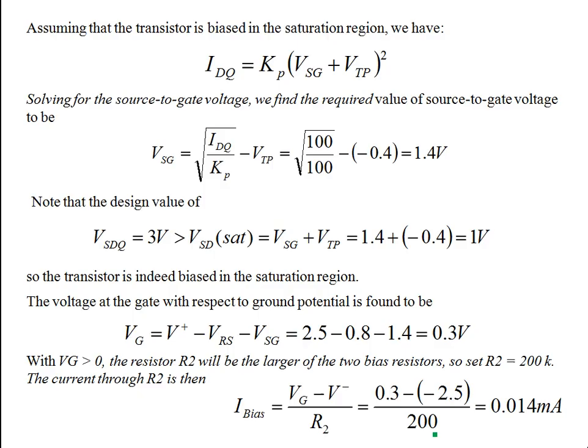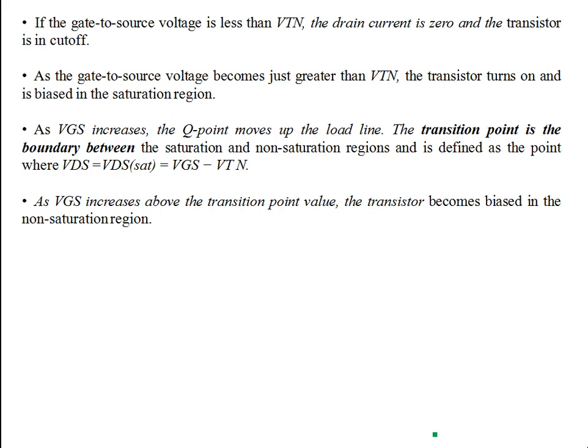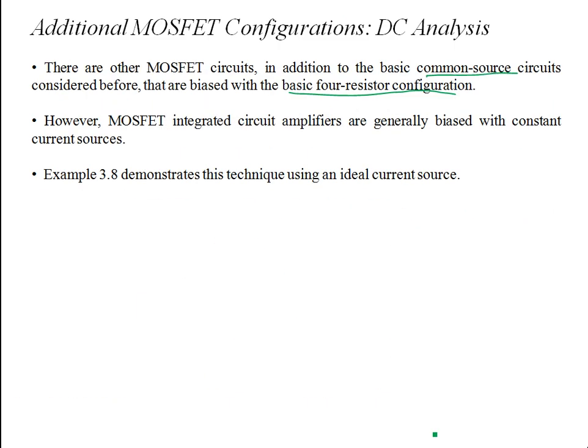Now the other way of stabilizing MOSFET circuits is to use a constant current source. Instead of RS, you can use an ideal current source.